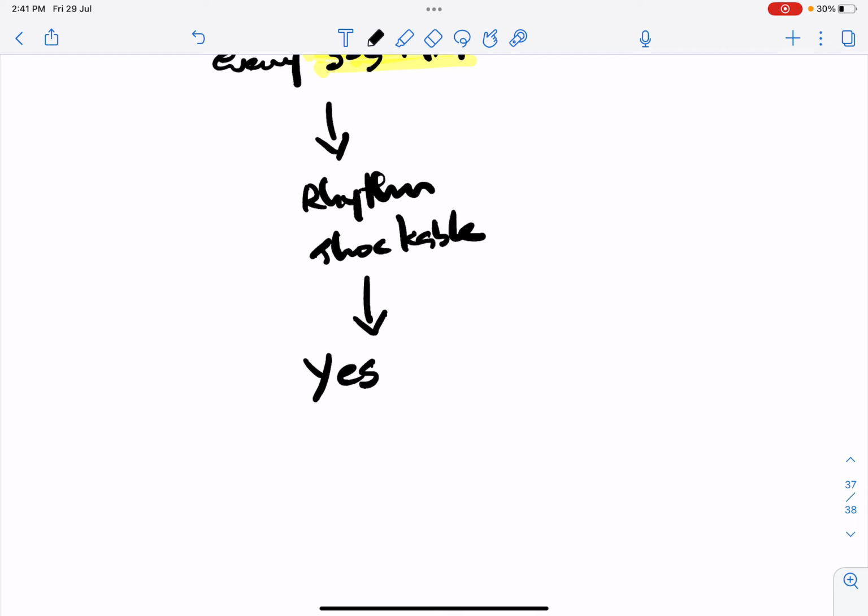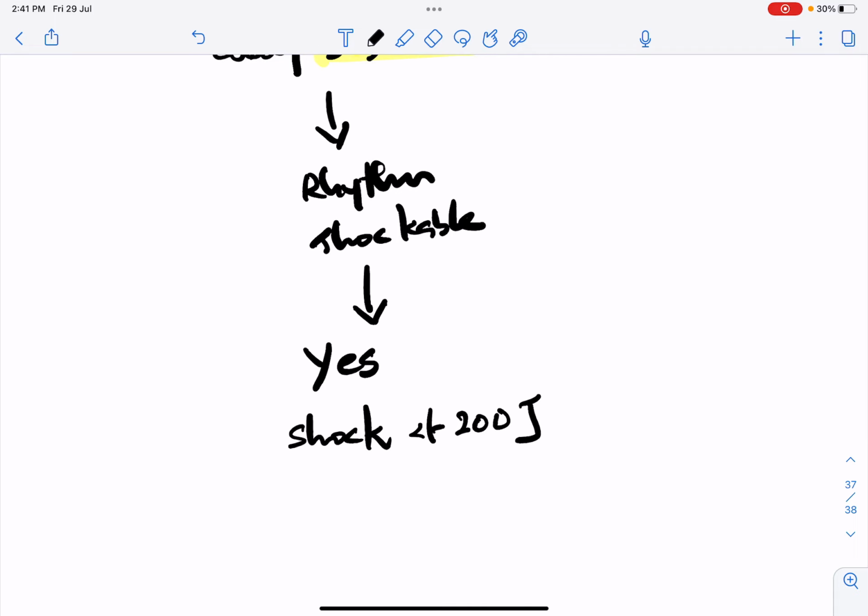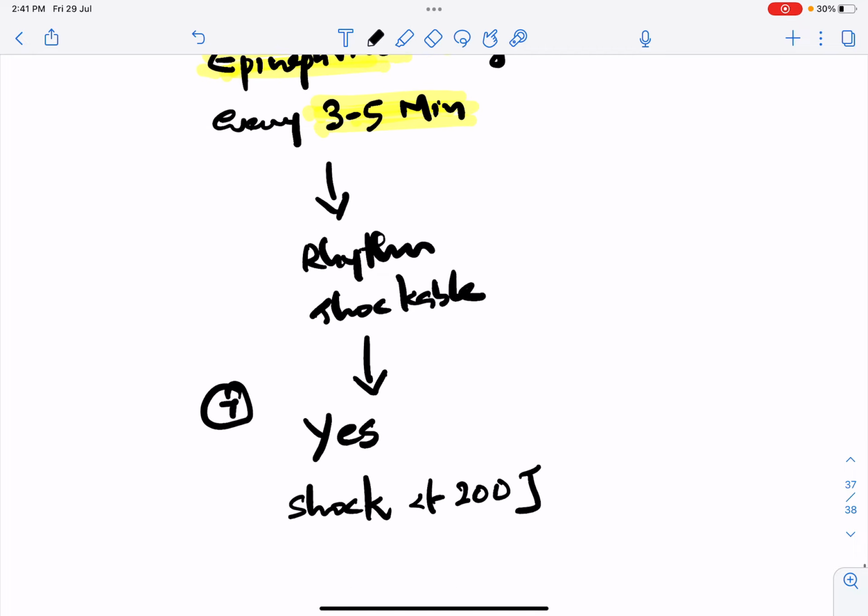Then we should give shock again at 200 joules in a biphasic defibrillator. Okay, that's our 7th step. We have given the shock.